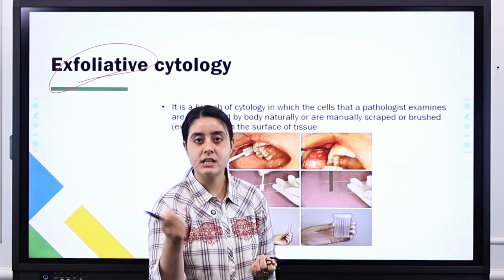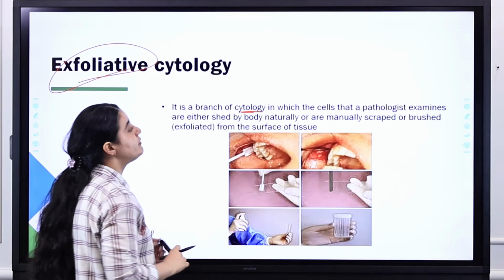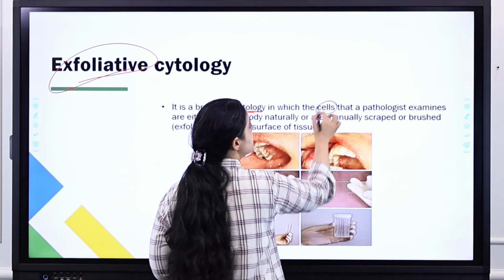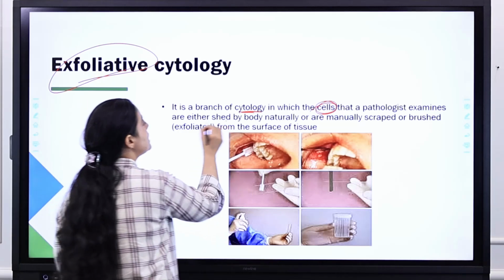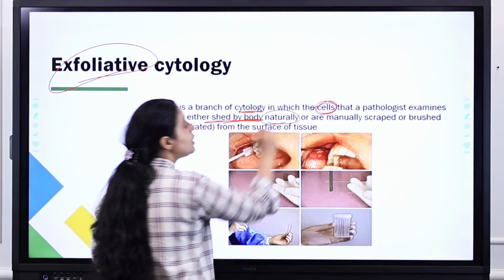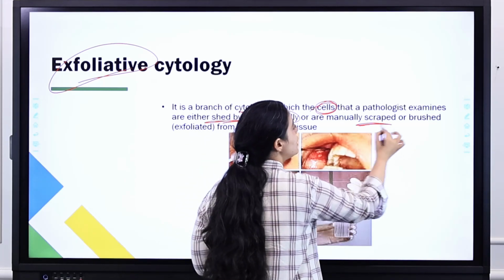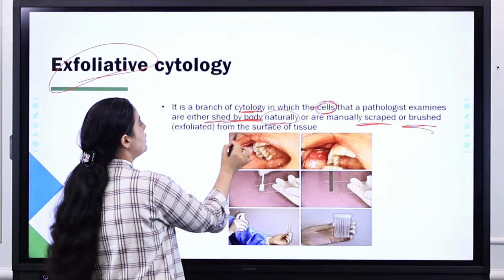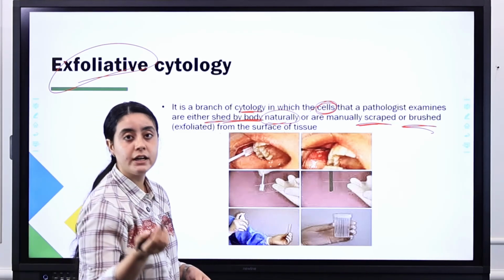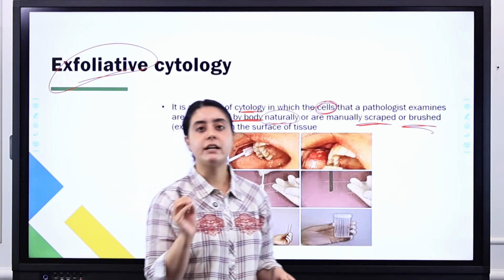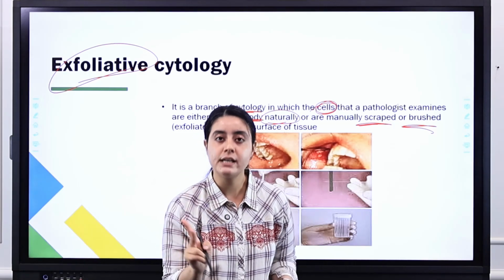The cells that pathologists examine are either shed by the body naturally or are manually collected, scraped or brushed from the surface of the tissue. So what is the meaning of the word exfoliated? It means sample collection manually with the help of two techniques, either brushing or scraping.